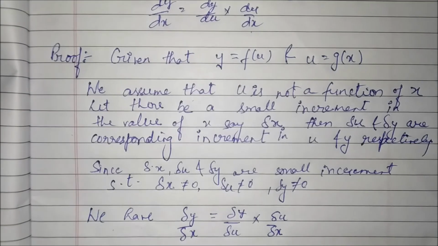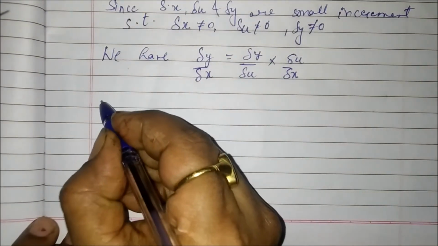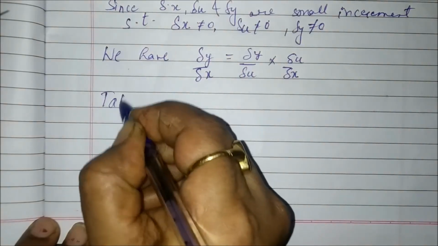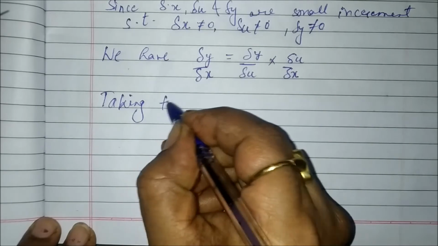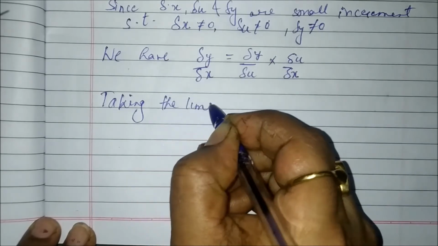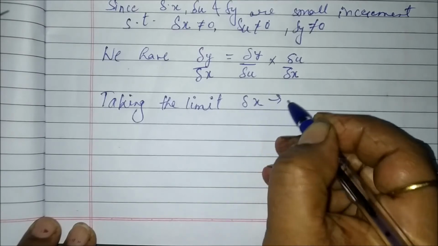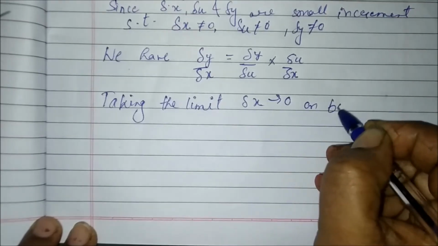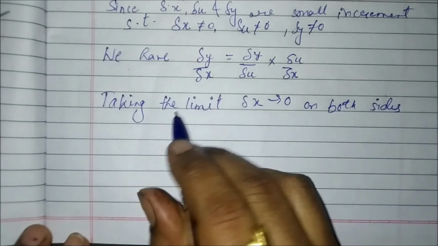Now we take the limit, just as we did in the first method, delta x tends to 0 on both sides.